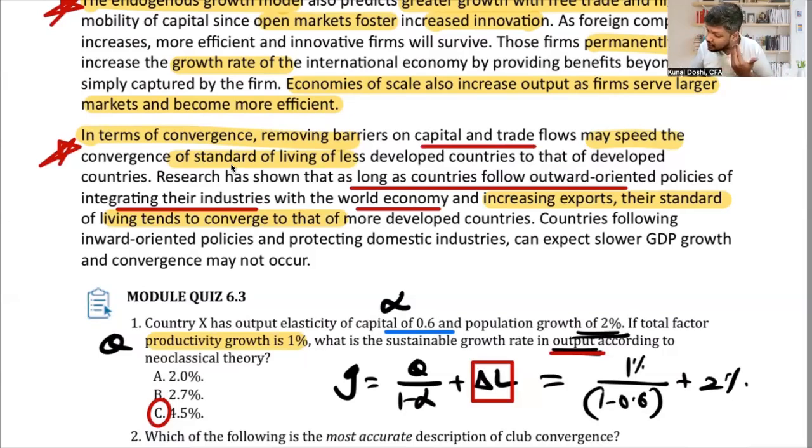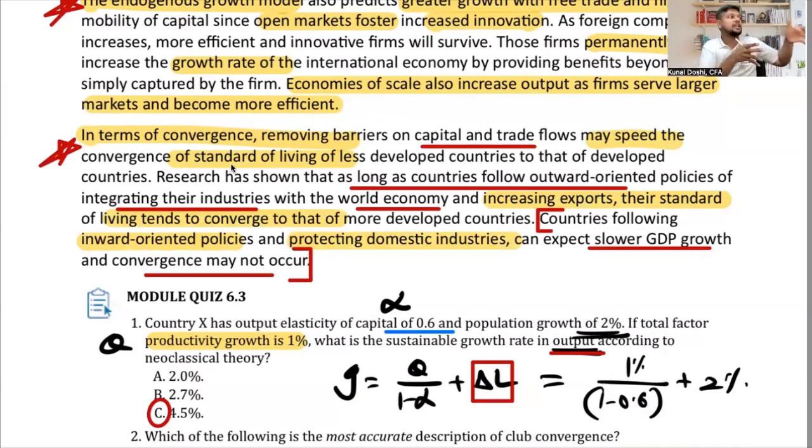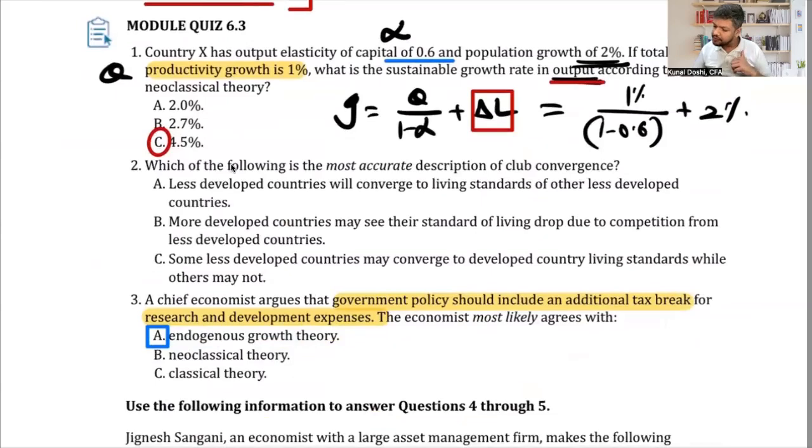Countries following inward oriented policies and protecting domestic industries can expect slower GDP growth rate, and convergence may never happen, like North Korea. Autarky. Autarky, remember? In geopolitics, autarky, hegemony, bilateralism, all that we discussed. So autarky is like North Korea, not allowing foreign capital. Today, no country says no to foreign capital. Understood?